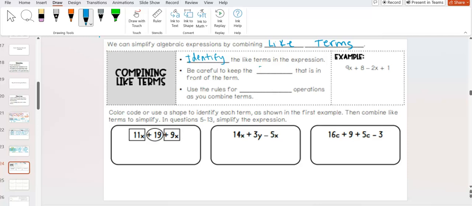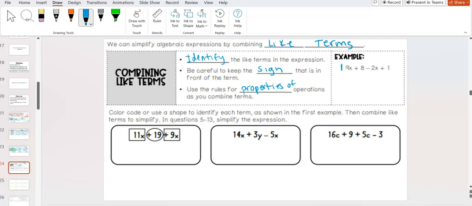We're going to be careful to keep the sign that is in front of the term, and we're going to use the properties of operations as we combine the terms, knowing that we can rearrange things or regroup them as needed. Okay, so here's our example. Similar to this example down here, I like to use shapes or colors to identify my pieces, or I'll use symbols like underlining.